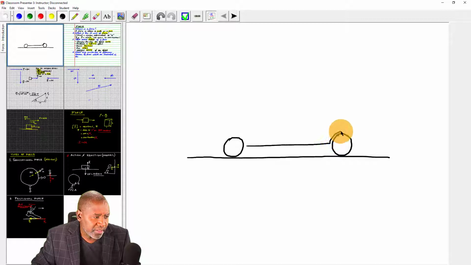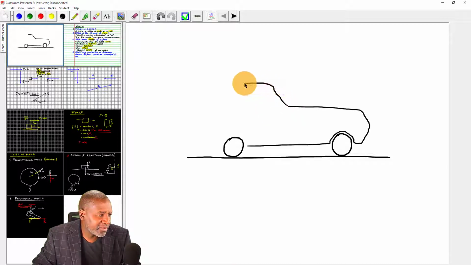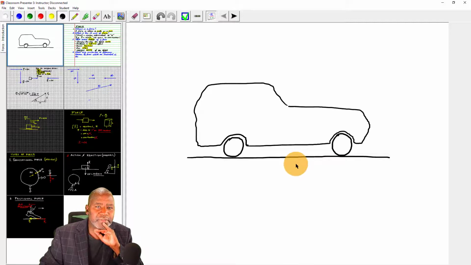Let me just draw a simple diagram, and you can see these diagrams are very simple to draw. Okay, let's assume that there is a car that looks like that. And this is a driving tire.